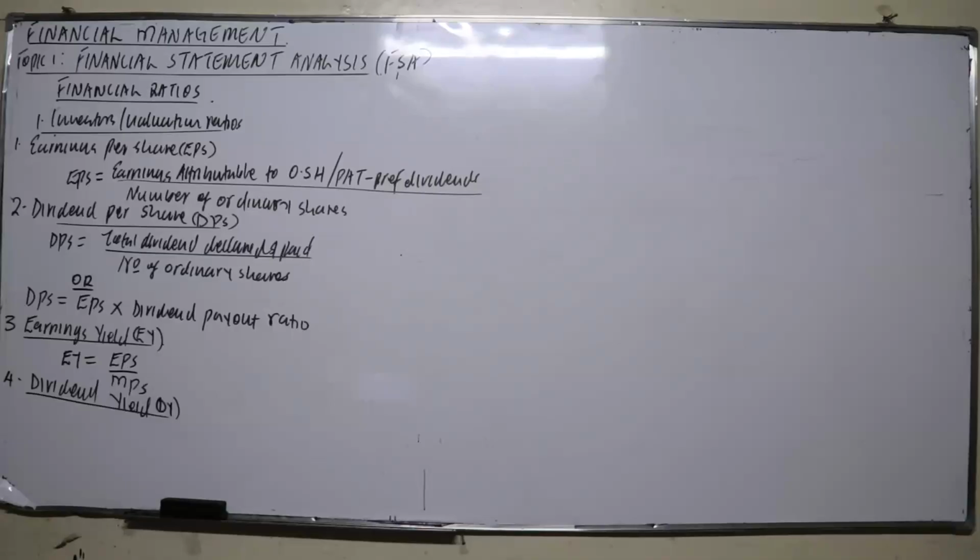So how do we get the dividend yield? You take the dividend per share and divide by the market price per share.